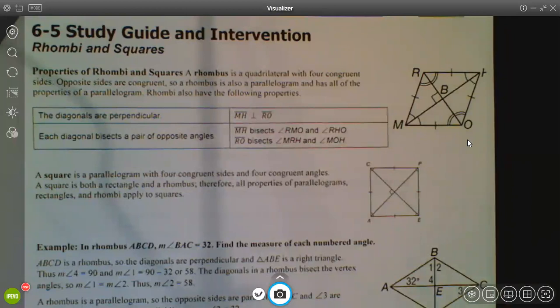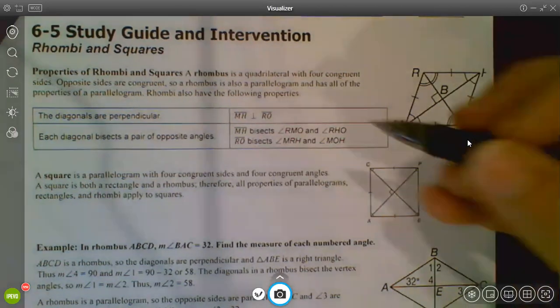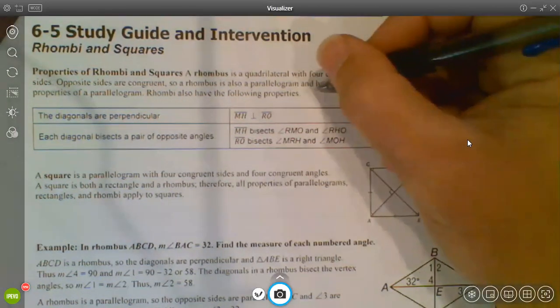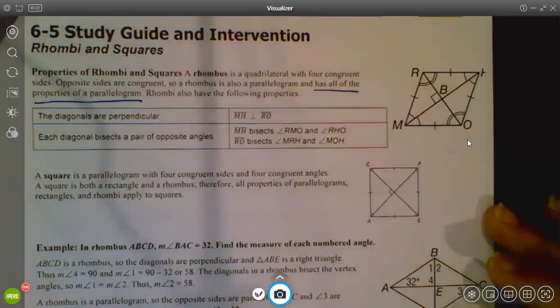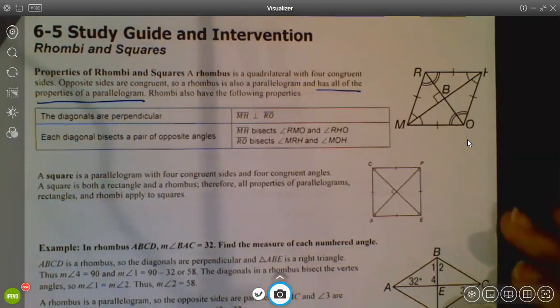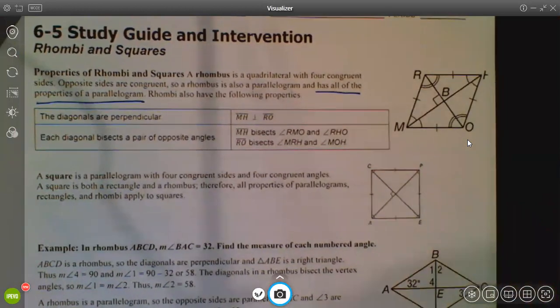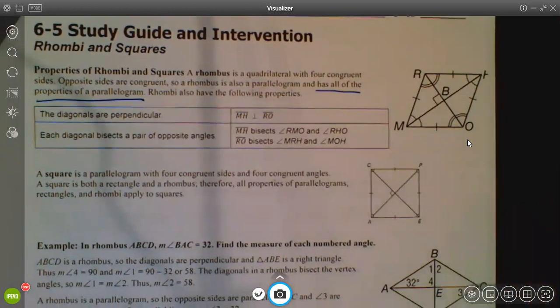The other thing you got to keep in mind is a rhombus is simply a type of parallelogram. In other words, it has all the same properties as a parallelogram. So all those things we learned last week about parallelograms, they're true about this guy too. Opposite sides are equal, opposite angles are equal, opposite sides are parallel, diagonals bisect each other.